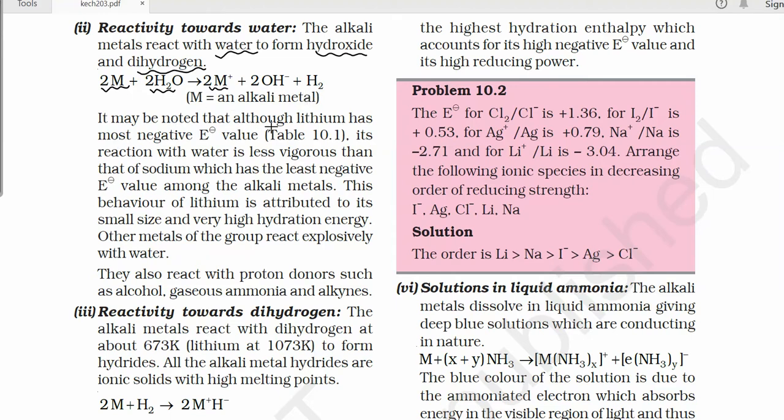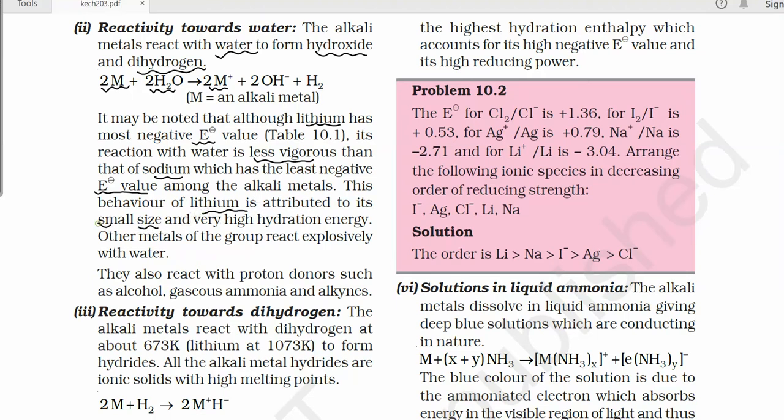It may be noted that although lithium has the most negative electrode potential value, its reaction with water is less vigorous than that of sodium, which has the least negative electrode potential value among the alkali metals. This behavior of lithium is attributed to its small size.